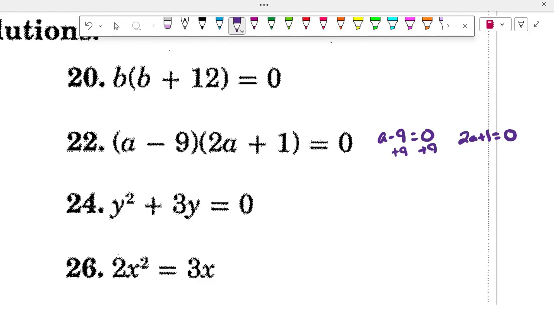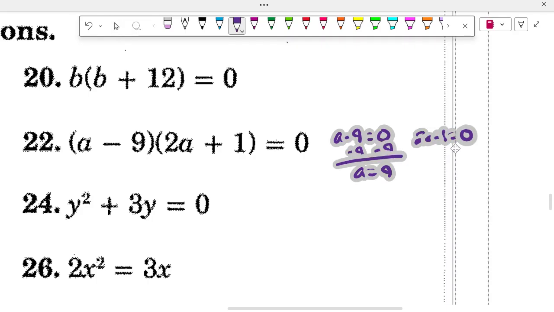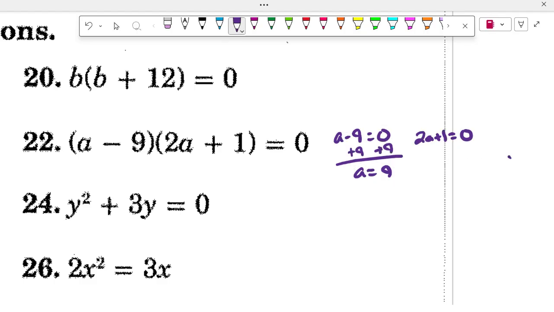Add 9 to both sides. A is equal to 9. How do I solve 2a plus 1? Subtract 1 first and divide by 2. So a is equal to negative 1/2. So a is equal to the set of negative 1/2 and 9.